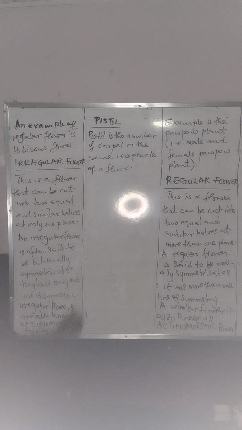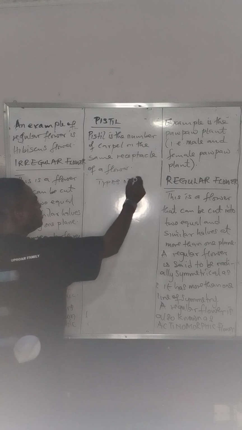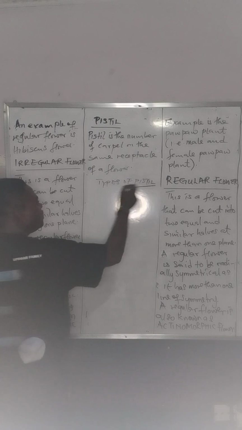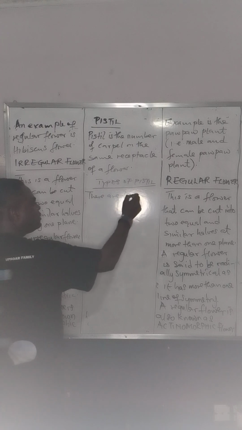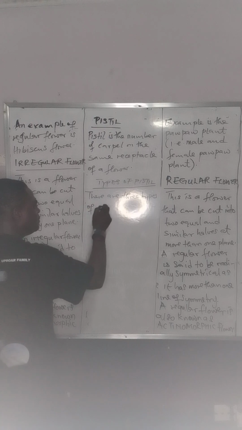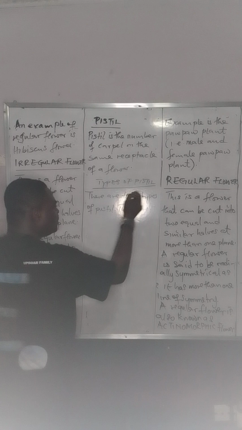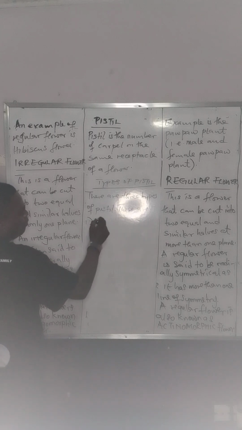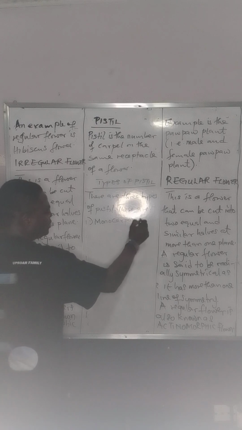So now, types of pistil. Now there are 3 types of pistil. These are: the first one is called monocarpous, monocarpous pistil.